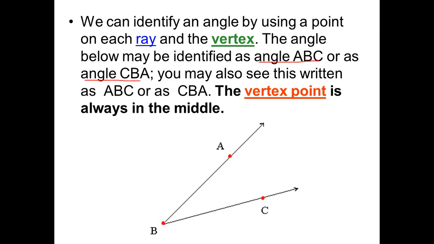Both are correct. You may also see this written as ABC or CBA. The vertex point is always in the middle. Where is it? This is the vertex point. The vertex point is B, and it's always in the middle.